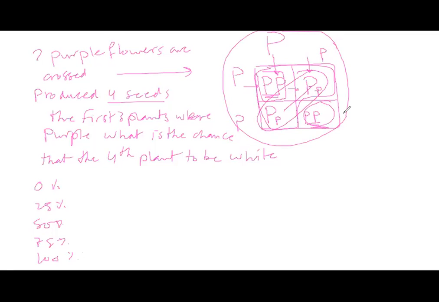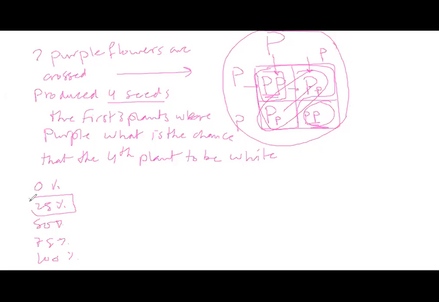We plant the 4, and the first 3 already grew with purple flowers. What is the chance that the 4th one will be white? The parents are both heterozygous, the same as the Punnett square in front of you, so it's 25%.